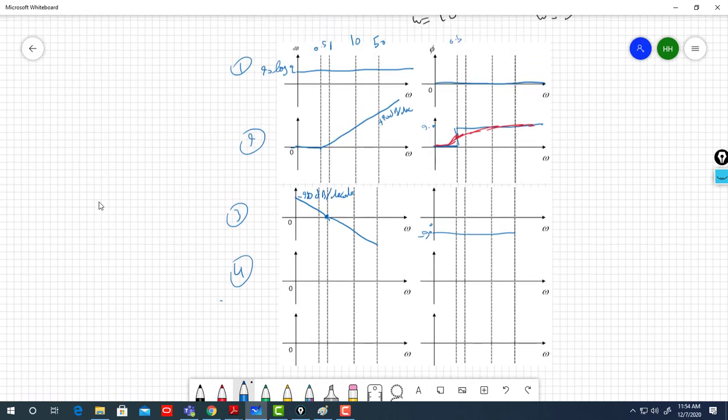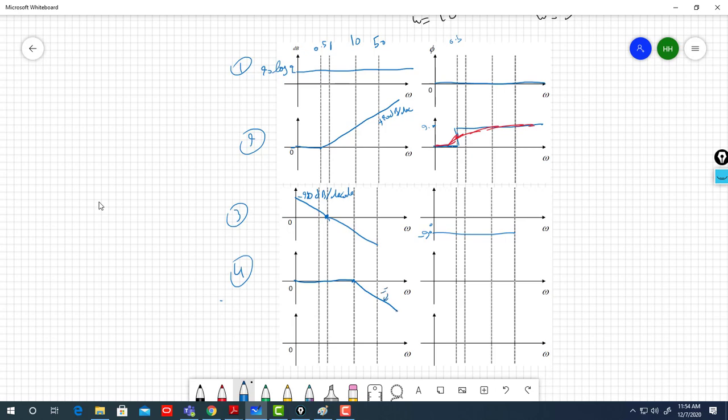Then I have two Bode diagrams. For the first order system, I know it's 0 everywhere. When you reach the 10, you need to go minus 20 decibel per decade. Okay?